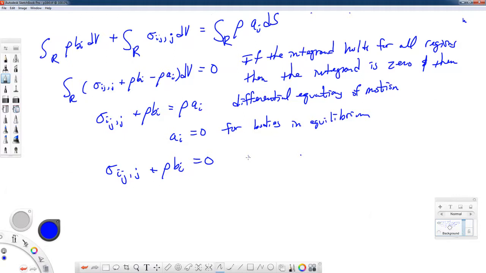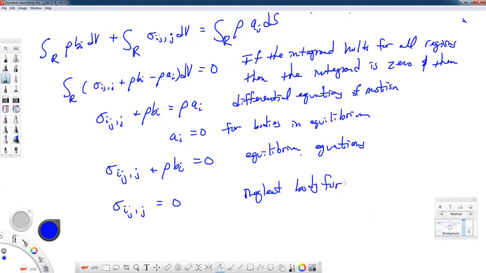These are known as the equilibrium equations of a three-dimensional body. If we can ignore the body force terms, then this reduces down even more: sigma_ij,j equal to 0. And it's just another expression of the equilibrium equations.